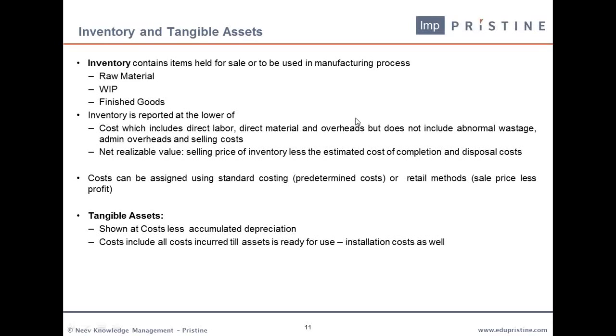WIP is the work in progress. Anshul has a question here. WIP is the work in progress inventory. Suppose you have to manufacture a car, then the raw materials will be the tires, the chassis, the engine, everything, and the work in progress will be something which has been done, say 50%, 70% of the complete work.